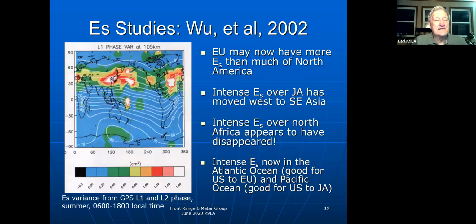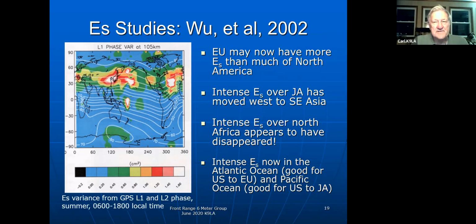Here's the latest studies of the sporadic E. It's done by Wu. He's at JPL out in California in 2002. And what they did is look at the variance of the GPS L1 and L2 frequency phase data, and that indicates that there's sporadic E going on. And this is the data for summer, the good old 0600 to 1800 local time, daytime.